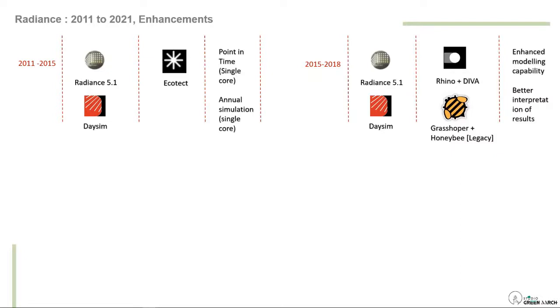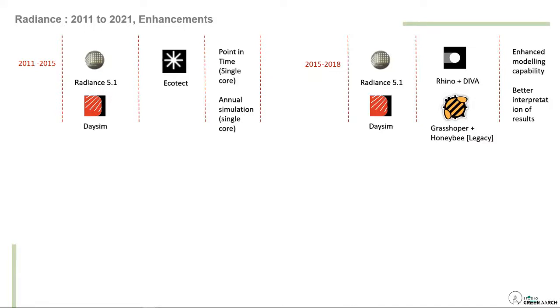So Christoph Reinhart, the same scientist, developed DIVA, which was also a very accurate simulation graphical interface. DIVA is not a simulation software; it is a graphical interface which uses Radiance. So here also the same concept, only the plus point was enhanced modeling capability.